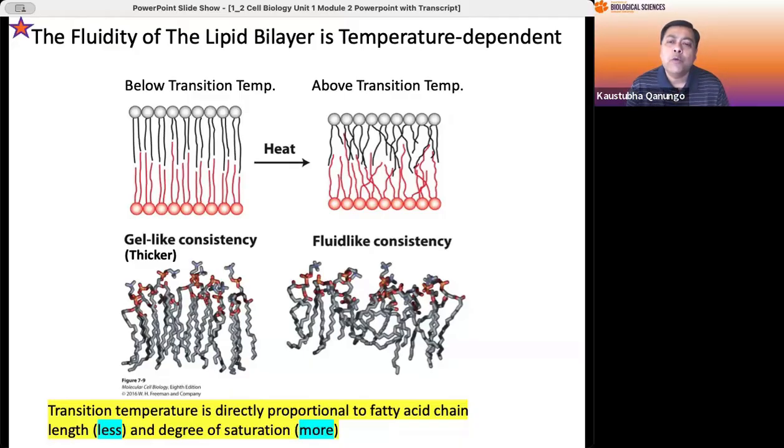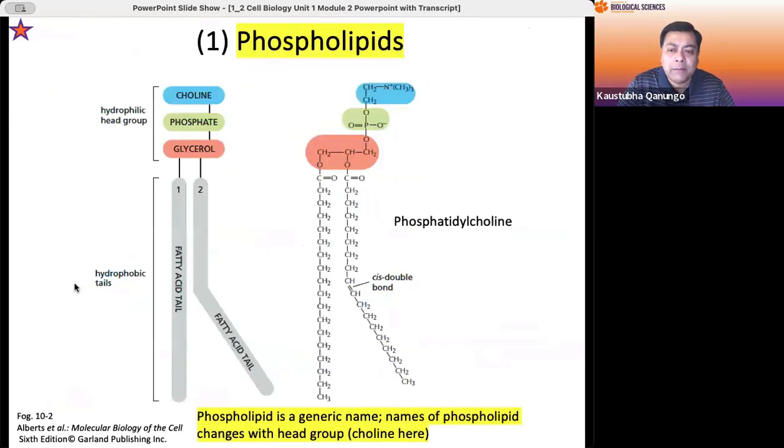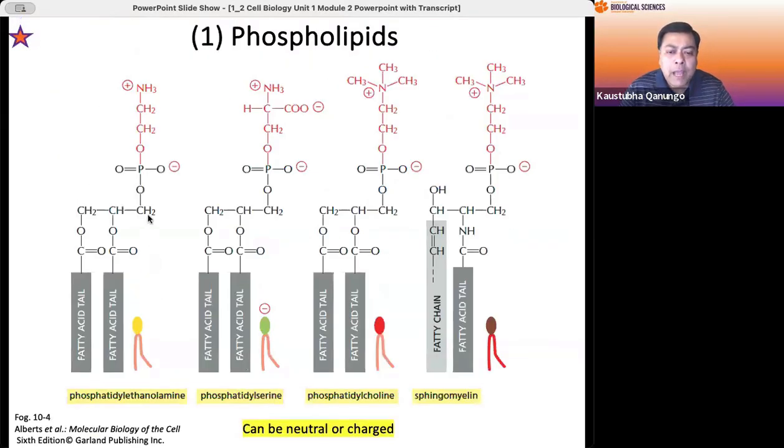Now, remember that for calculating purposes, we have to consider an artificial membrane that is made up of only a single type of phospholipid, because each phospholipid will have a different transition temperature. If we have a mixture of all these different phospholipids in the membrane, calculation of the transition temperature becomes much more difficult.